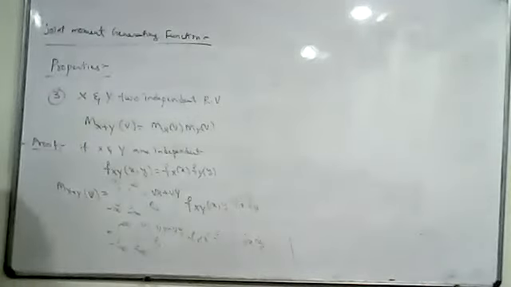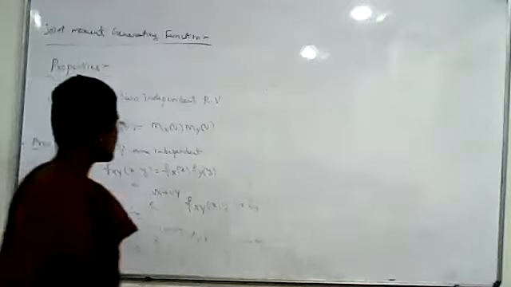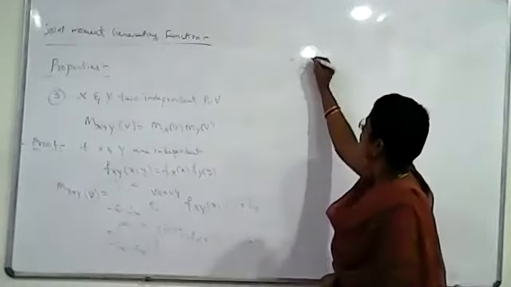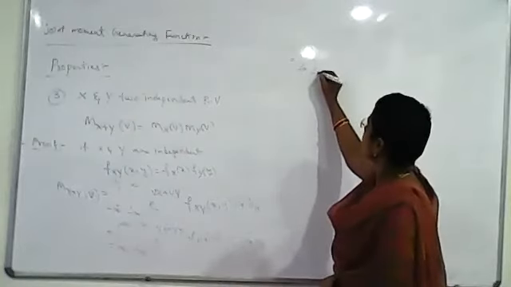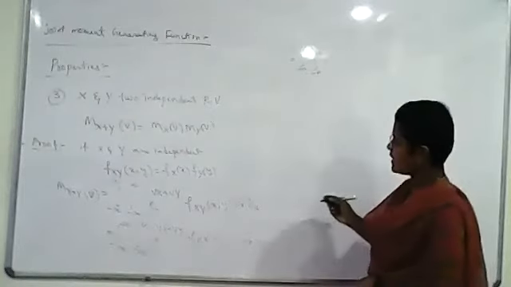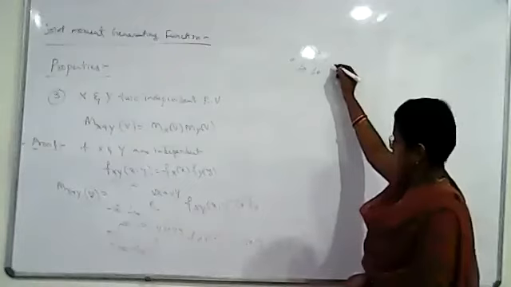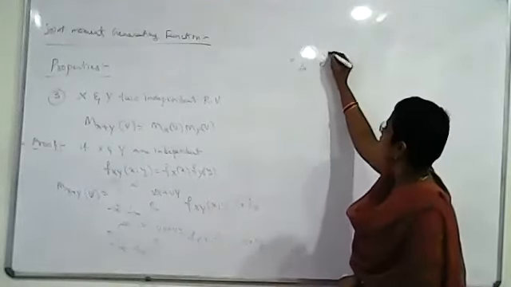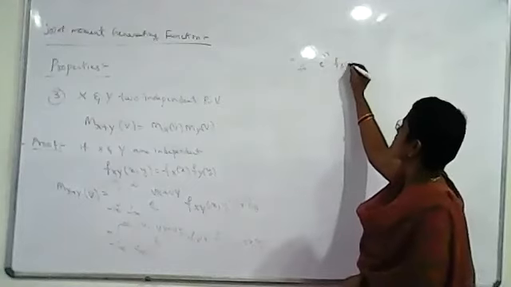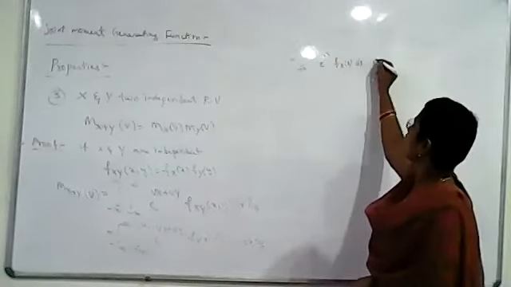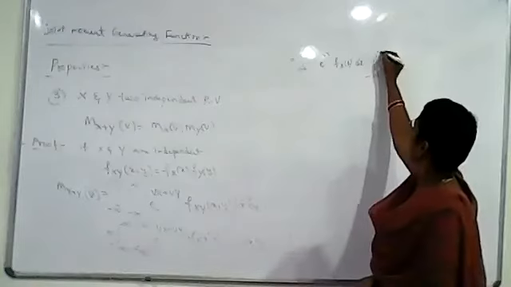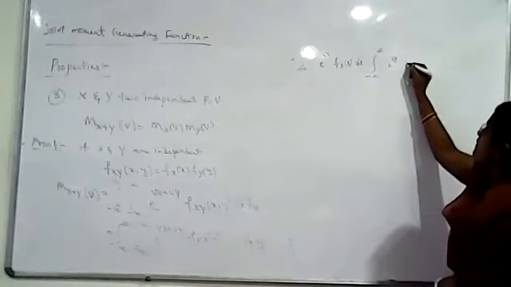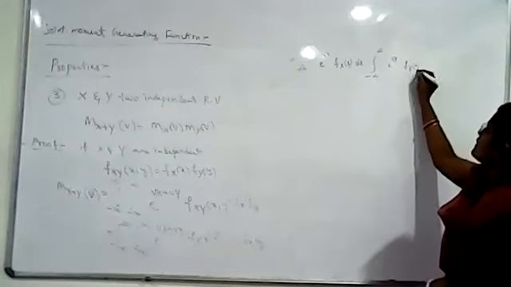Now we separate this: integral minus infinity to plus infinity e power vx fx of x dx, times integral minus infinity to plus infinity e power vy fy of y dy.